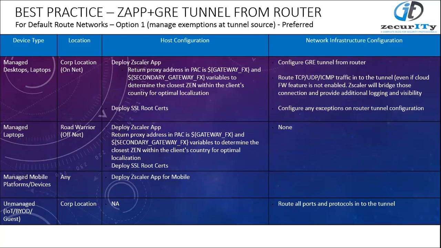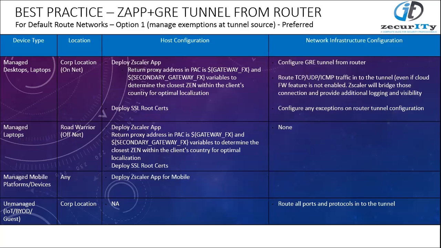The $gateway_fx and $secondary_gateway_fx are the variables which we need to configure on the PAC files to get the client country for optimal localization. And we should enable SSL inspection and upload the SSL root certificates on each user machine.